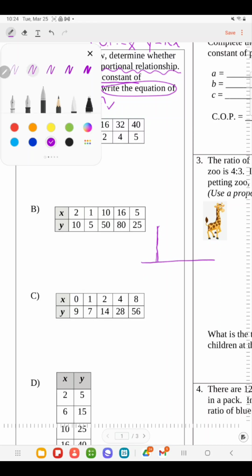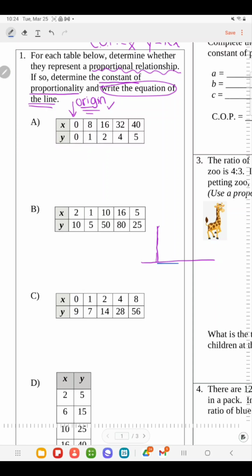A direct variation with the COP would have to go through this origin point and form a straight line. It could look like that, like this, none of it matters. It just can't be like this. It can't be like this. It needs to be a straight line passing through the origin. So this origin value is good.